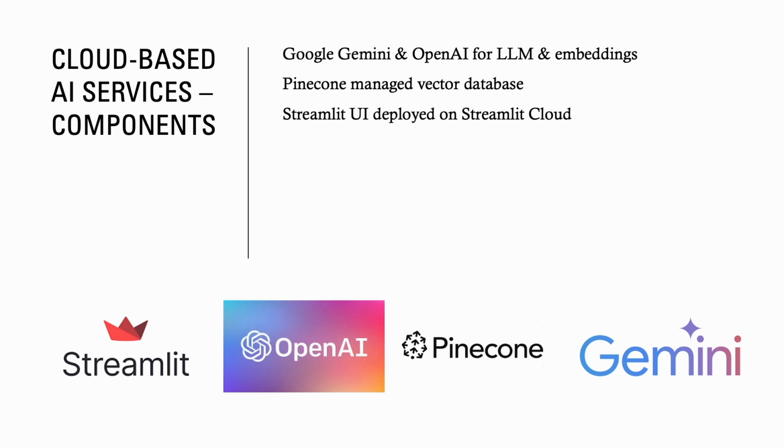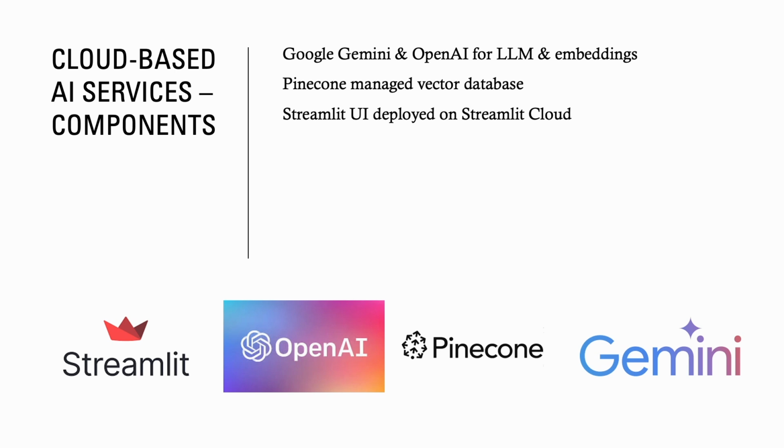In the cloud AI stack, we leverage Google Gemini for LLM inference and the OpenAI embedding API for semantic vectorization, both hosted externally. Pinecone provides a fully managed, auto-scaling vector database with built-in support for metadata tagging and cosine similarity search.